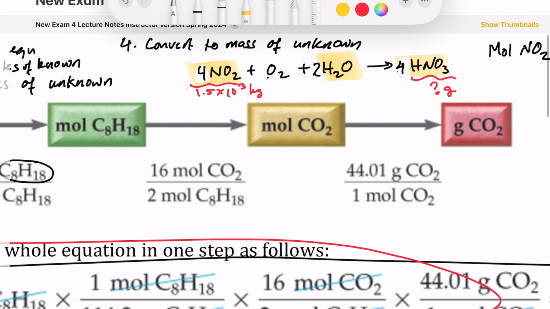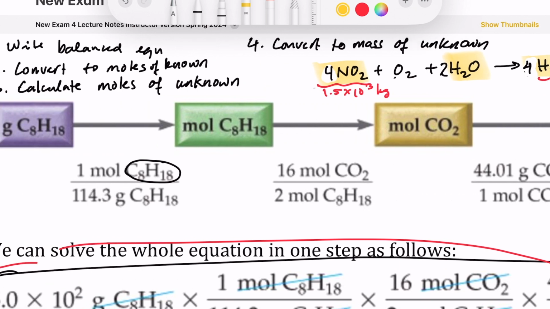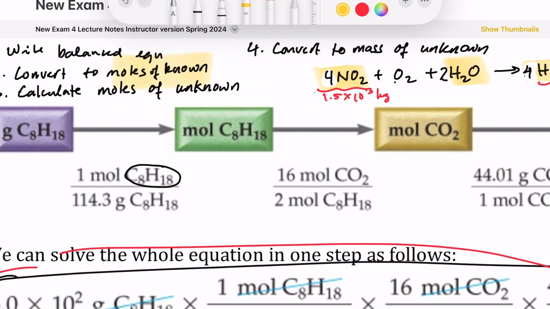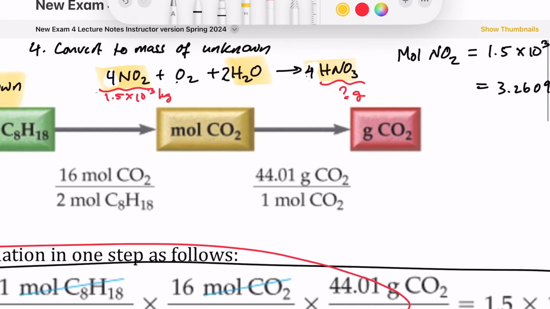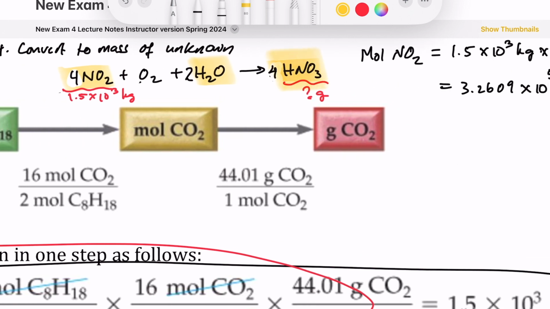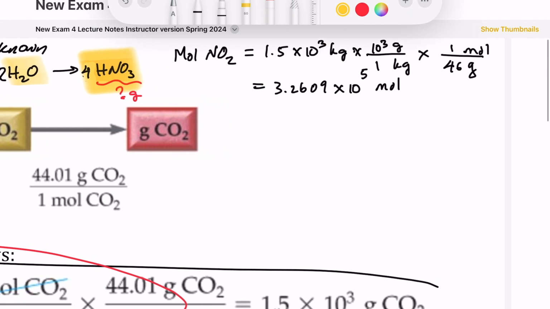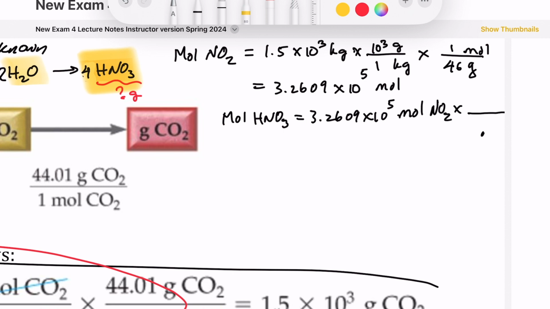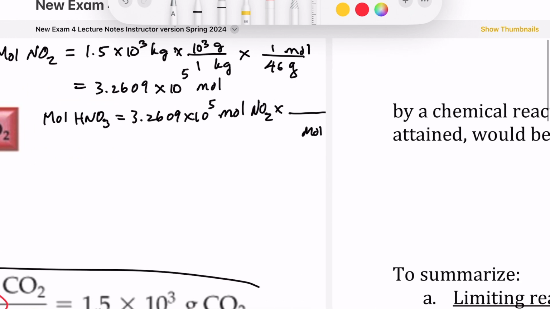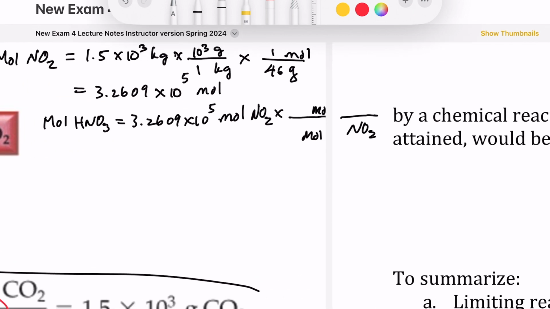Once you get the moles of NO2, the next step is you need to convert that. So you got this part. You need to calculate the moles of the unknown. What unknown are we looking for? Well, we're looking for HNO3, right? And so we're going to have to calculate the moles of HNO3. So we start with the number of moles of NO2. And then we're going to have moles of NO2, and then moles of HNO3.